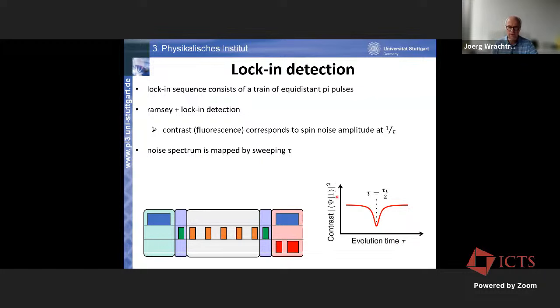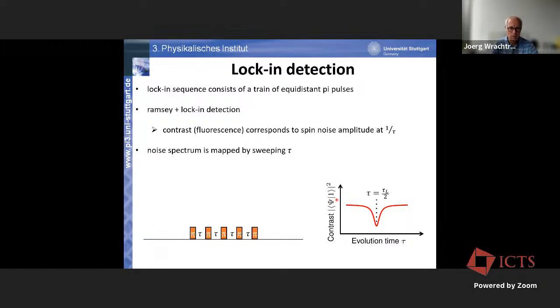And here, this is the contrast you see in your measured noise signal. Now, say we have a certain spacing of these pulses with a certain value of tau, then I have a filter function which is transmissive exactly at the frequency, tau Larmor over 2. Okay.